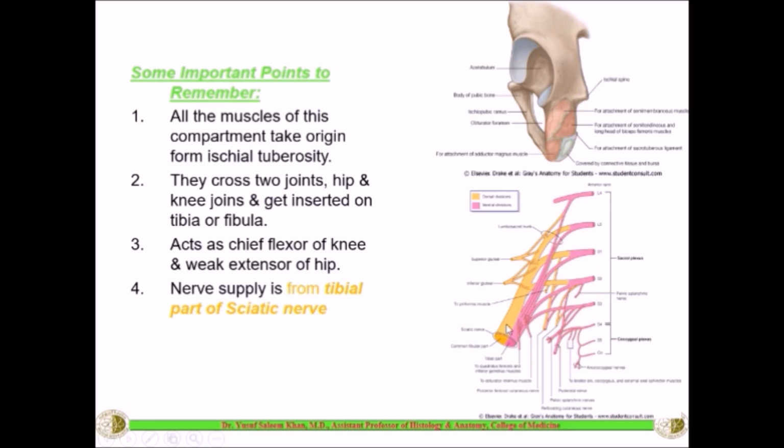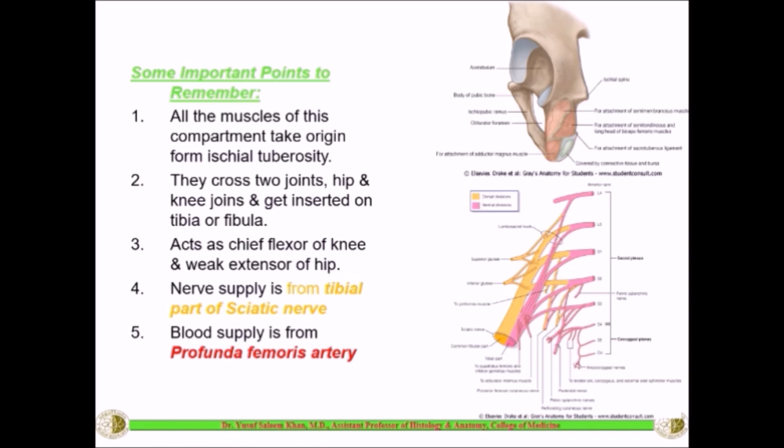The whole nerve is the sciatic nerve. This is the common peroneal nerve or fibular nerve, and this is the tibial part of the sciatic nerve. The tibial part of the sciatic nerve will be supplying these three muscles of the posterior compartment of the thigh.